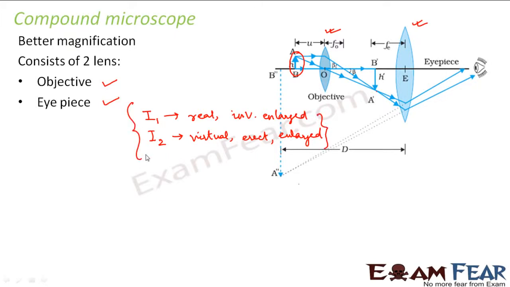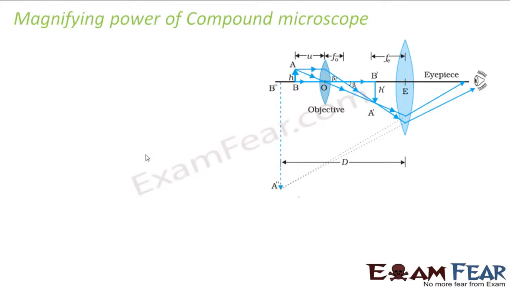Now we will look at the magnifying power of a compound microscope. First let us look at the magnifying power of the objective. It would be nothing but the height of the image divided by the height of the object.